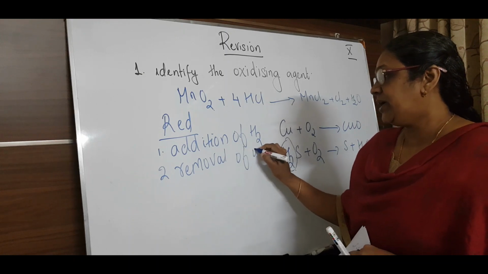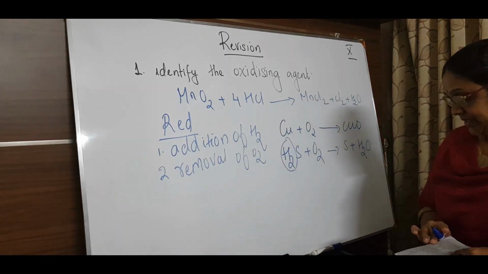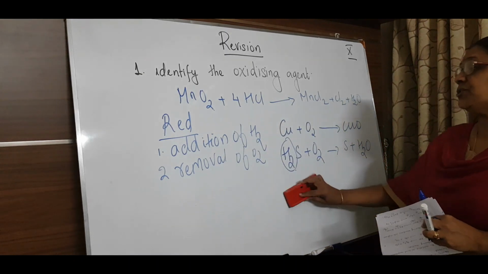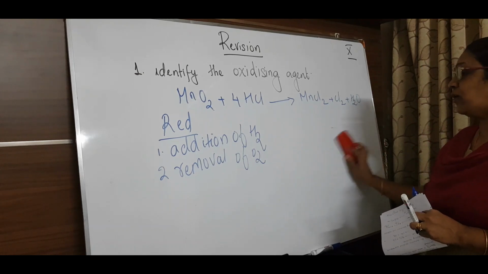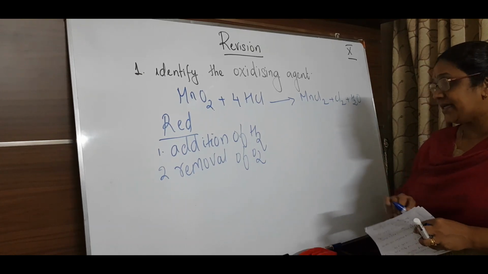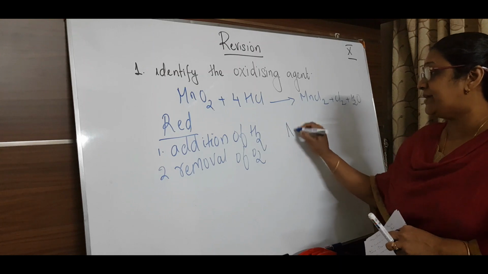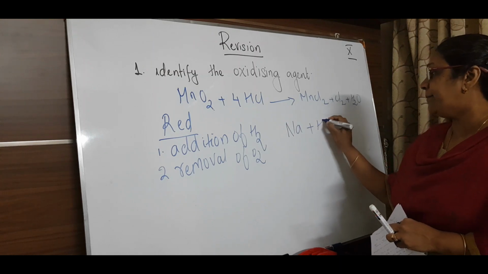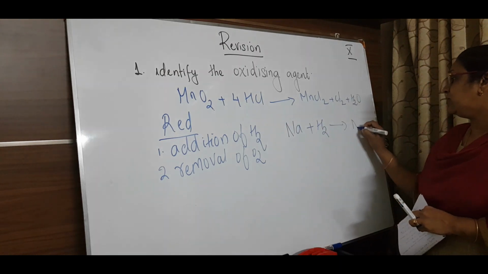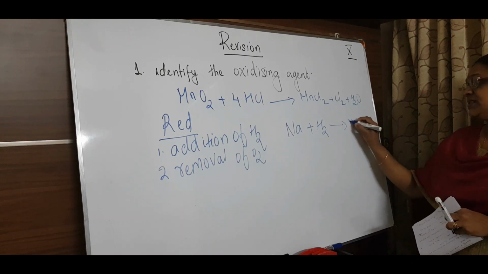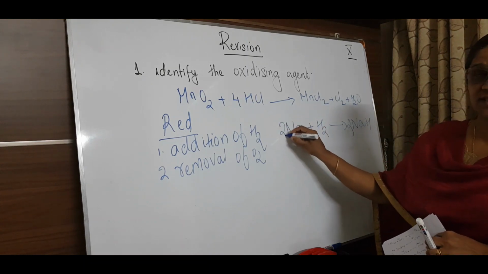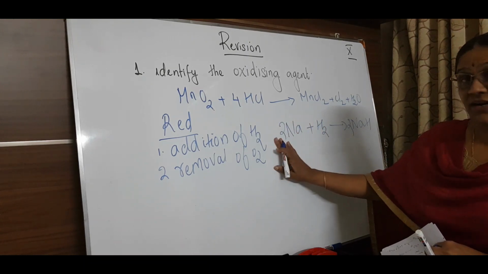So in these two ways you can write reduction, that is addition of hydrogen or removal of oxygen. For addition of hydrogen, sodium plus hydrogen will give you sodium hydride. So this is addition of hydrogen, so this is a reduction.